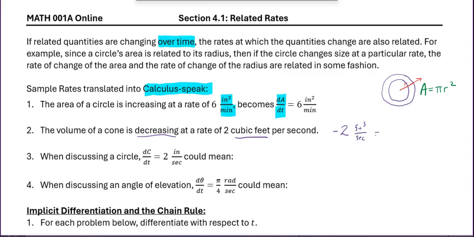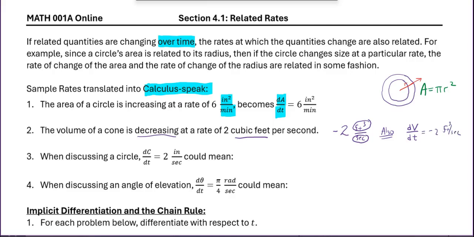In terms of just pure calculus speak, another way to say that is the change in cubic feet is a change in volume, so we'd put dV for volume, and the change in seconds is still a change in time. So in this case, instead of dA dt, I would say dV dt is negative 2 cubic feet per second. That's another way to write it in calculus speak.